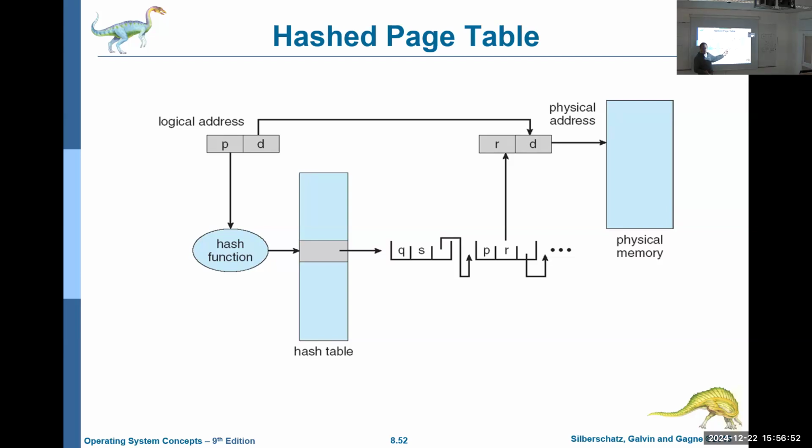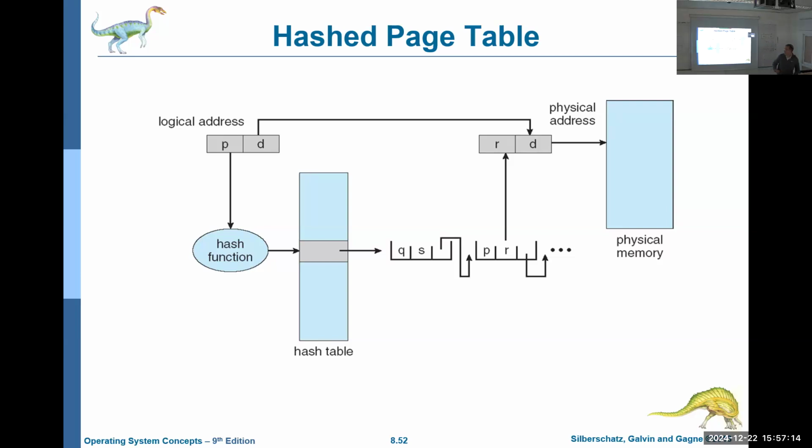The pointer will probably be 4 bytes, so it'll be 40 plus 32, 72 bits. Each one will be 72 bits, and that's a linked list.